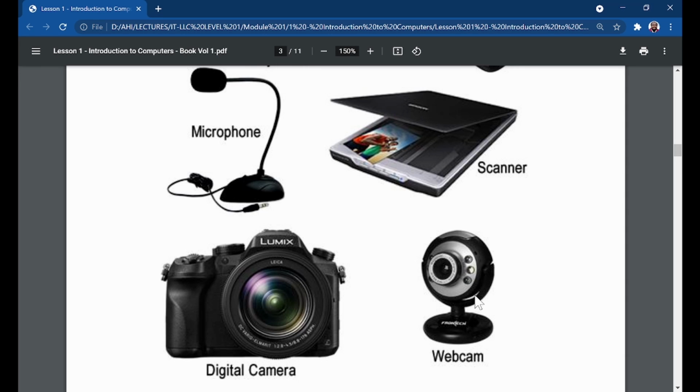If you want to chat with someone, let's say you have a friend somewhere not close to you or even abroad anywhere, you need to place this beside your computer and open Yahoo Messenger or any messenger app. Today we use WhatsApp Messenger, Facebook Messenger, but at first we used to use Yahoo a lot. So you open Yahoo Messenger, and when you enable webcam, your webcam will come on.